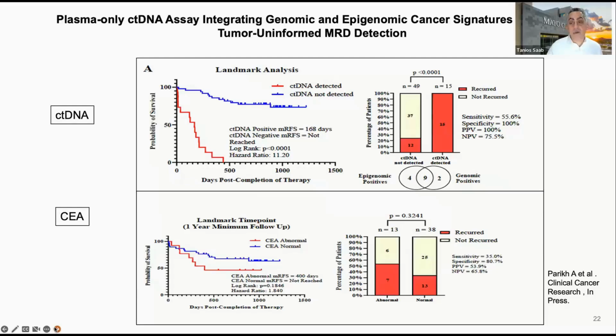When assessing circulating tumor DNA, you can see the specificity is at 100%, meaning if it's positive, it's cancer. Sensitivity is 56%. You lose quite a bit on that. For the tissue-informed platforms, this is about 80%. When you look at the positive predictive value, it's 100%, meaning if MRD is positive, that means the cancer is going to progress at some point.